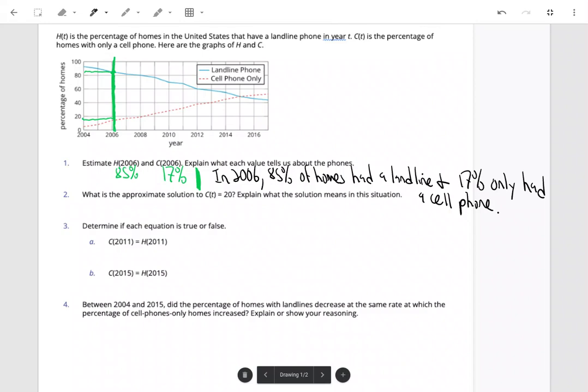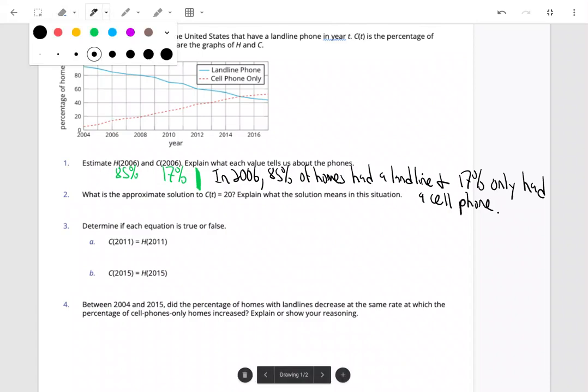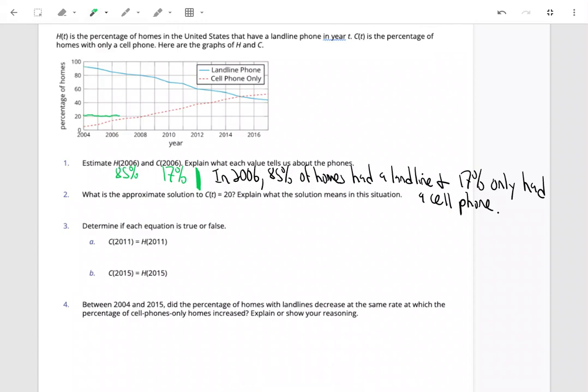Okay, so let me erase this so we can mark the graph again. So we're looking for when does the dashed graph, which is cell phones, equal 20. So that looks like it's the year 2008. So what is the approximate solution to C of T equals 20? It would be 2008. Okay.